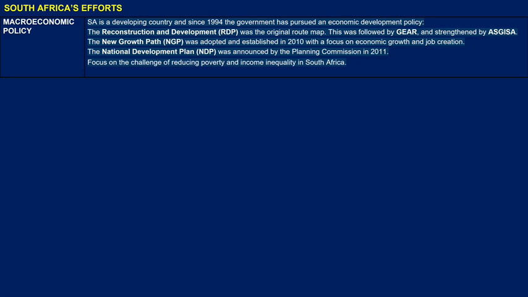The Reconstruction and Development Plan was the original route map, and this was then followed by GEAR and strengthened by ASGISA. Then the new growth path was adopted and established in 2010 with a focus on economic growth and job creation. And currently, we are now following the National Development Plan, which was announced by the Planning Commission in 2011.